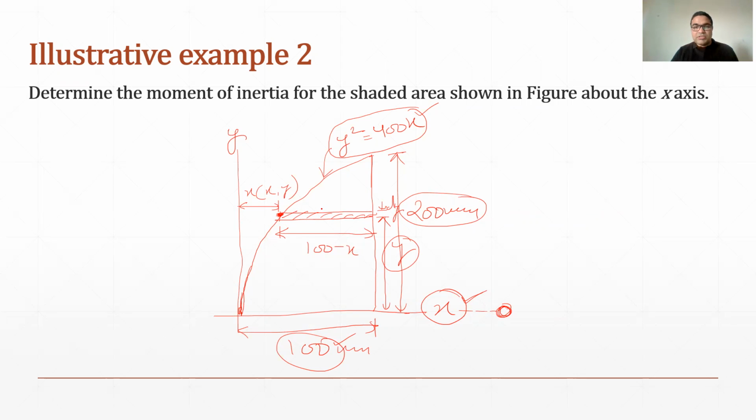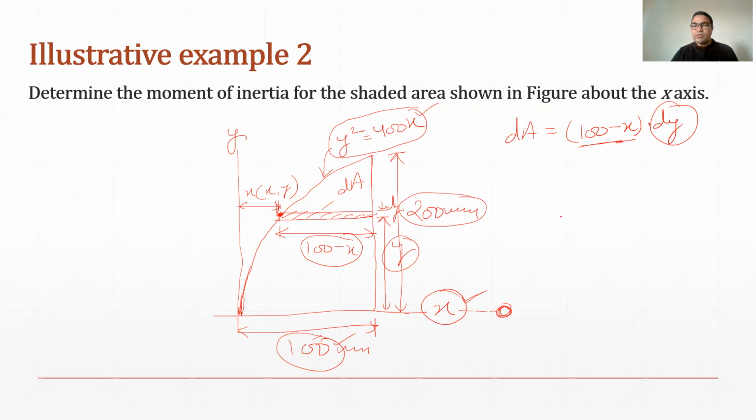So the area of this strip will be dA, and this is a rectangular strip which is having a differential thickness. So we can write dA as 100 minus x multiplied by dy. So dy is the thickness multiplied by the width or length of the strip. The length of the strip is 100 minus x because this value is x, and 100 minus x is this one. So that is the thing that we are supposed to do here.